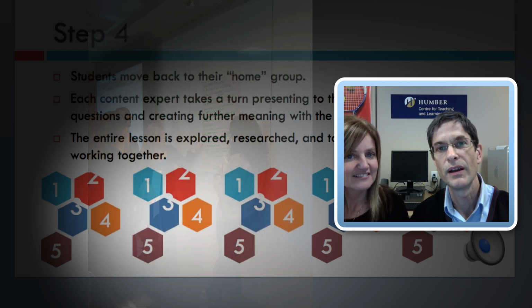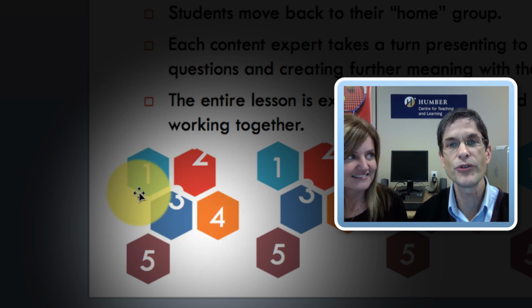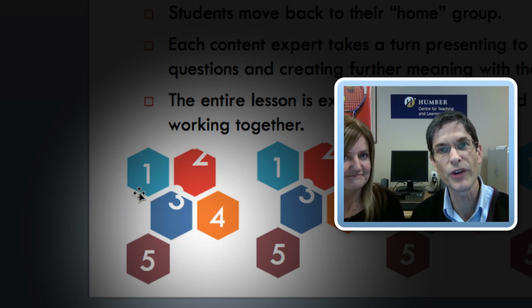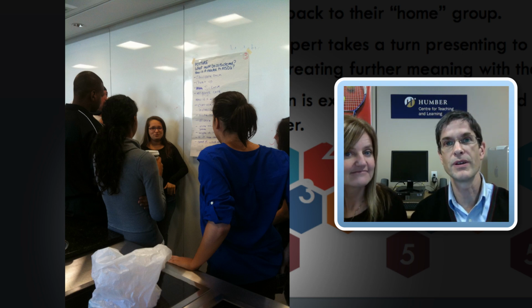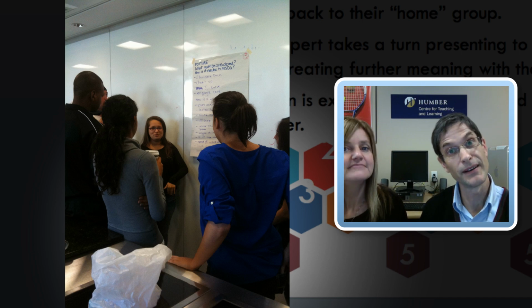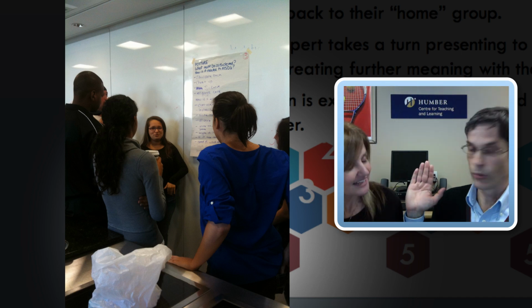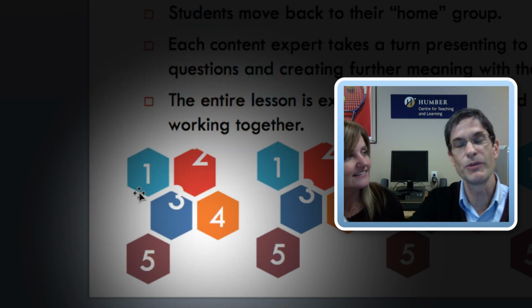So this first group here, I'm just going to take my mouse around it. That first group, number 1, the Impressionist, is going to show the conclusions, or the knowledge base that has been put together by his group. He's going to present it at their wall to all of the other experts of the different movements.